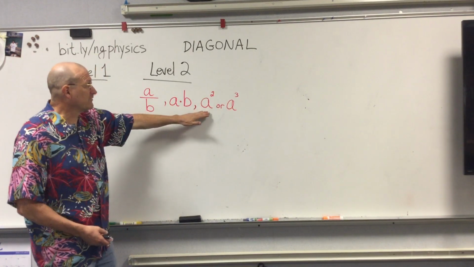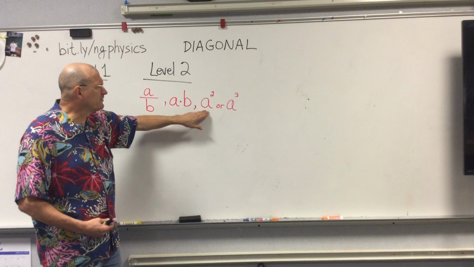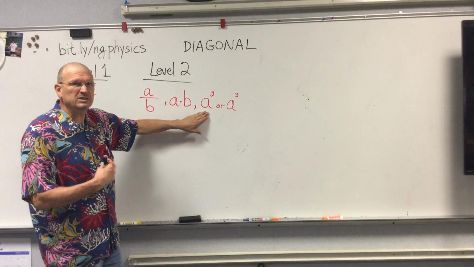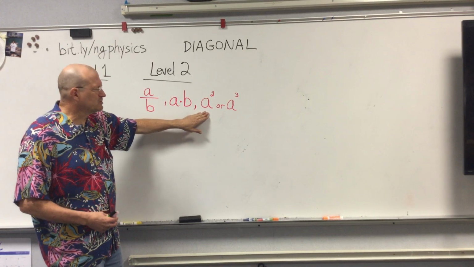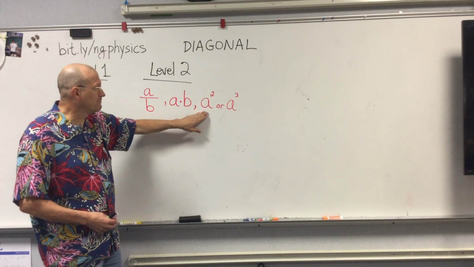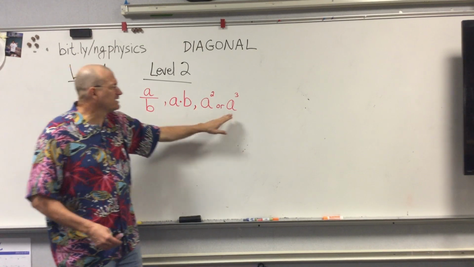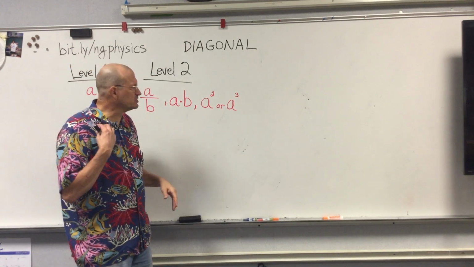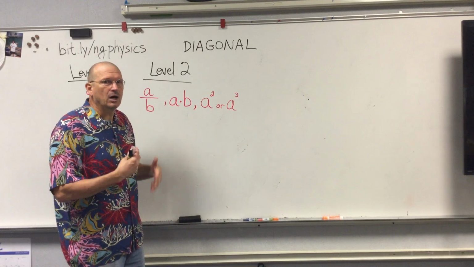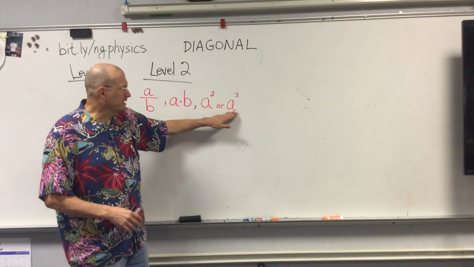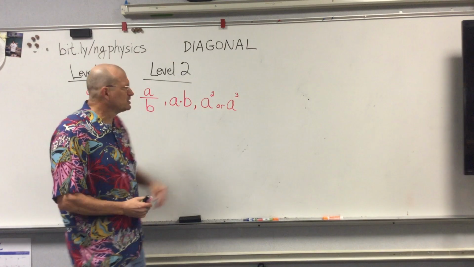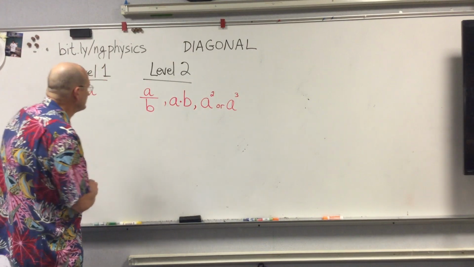Now, for everyday units, if you have ever heard of units of area, you have square inches, square feet. That's this type of unit. And if you've ever dealt with volumes in terms of cubic feet or cubic inches, that would be an example of this type of unit. So they are out there around us.